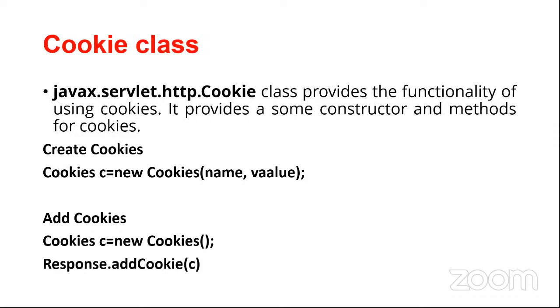Cookie is a class which provides the functionality for how to use cookies, and it also provides its constructors along with its methods. So add cookie, get cookies, get name. There are many more methods. We'll see those practically.